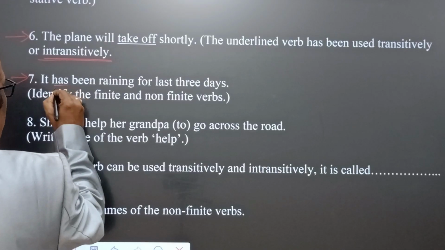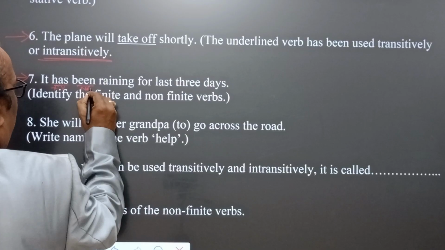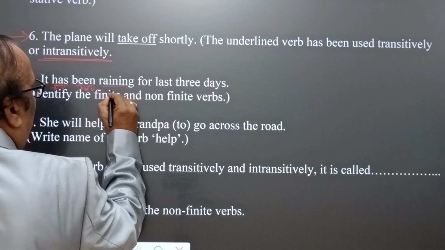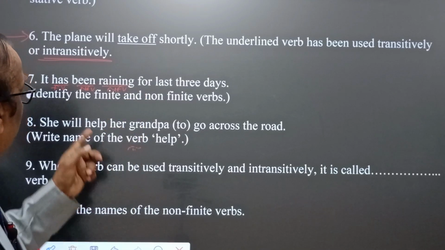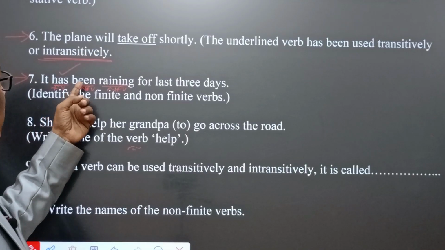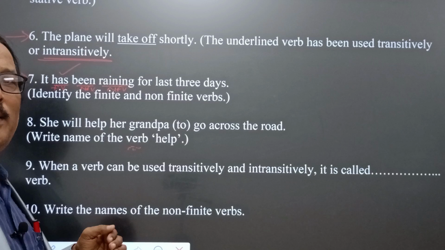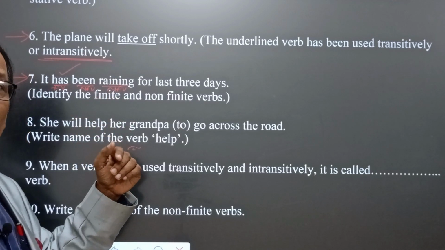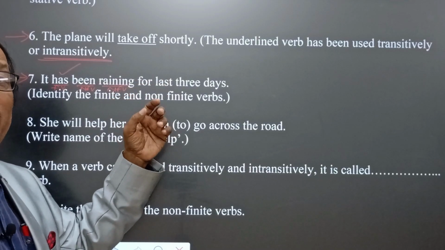Here has is the finite verb, been is a non-finite verb, and raining is also a non-finite verb. It is because has takes tense, that is present tense, and been is a non-finite verb because it does not indicate a tense. Raining is a non-finite verb and here it doesn't express any tense.